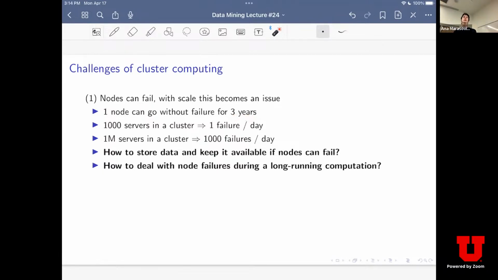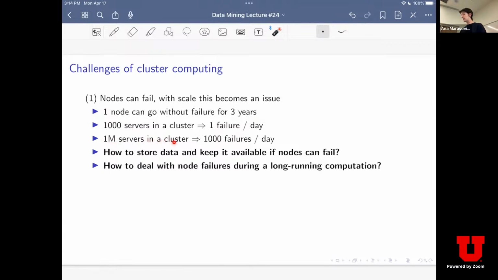So if you encounter your failure problem only once in 3 years, then it's not a huge issue for you. If you have thousands of servers in clusters, so thousands of, let's say, disks and CPUs, well, you might encounter one failure a day, and you might still find mechanisms to avoid that, or maybe that is still not a huge issue for you.